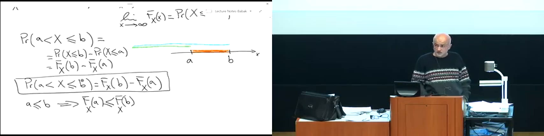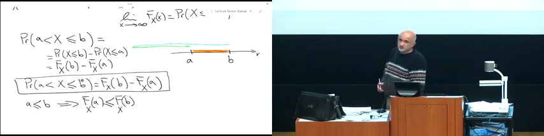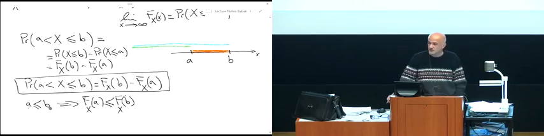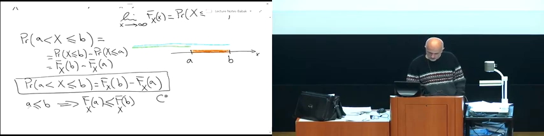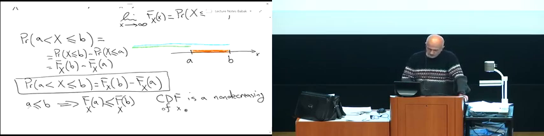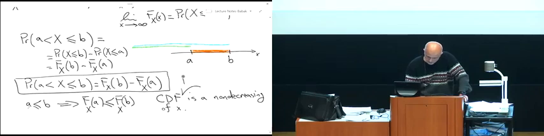And because it's a probability, it has to be non-negative, which means this term must be greater than or equal to this second term. So whenever you have an argument in the CDF which is less than or equal to another one, this inequality must hold. What this means is that the CDF is a non-decreasing function of x. The CDF, I mean this function.